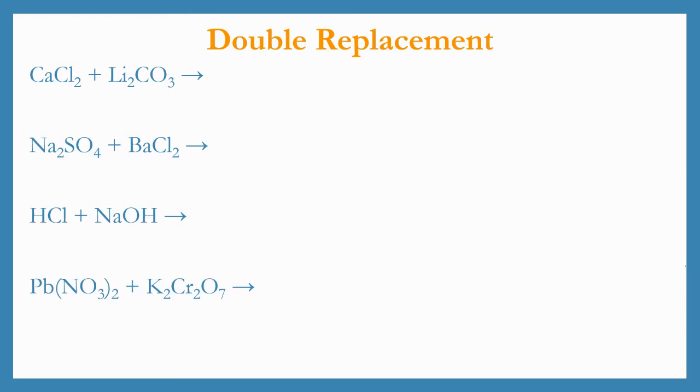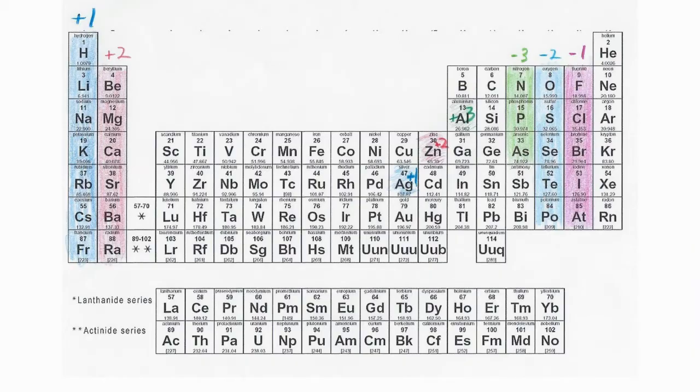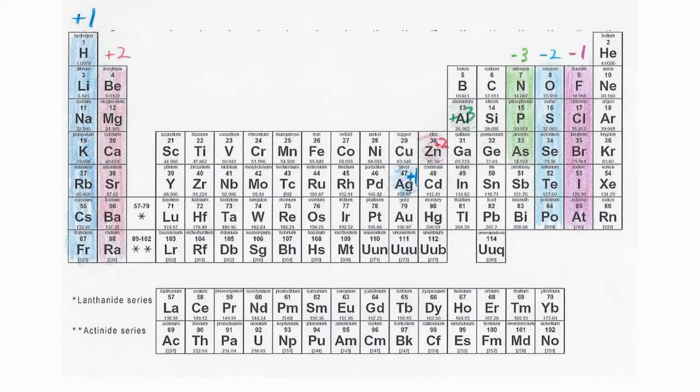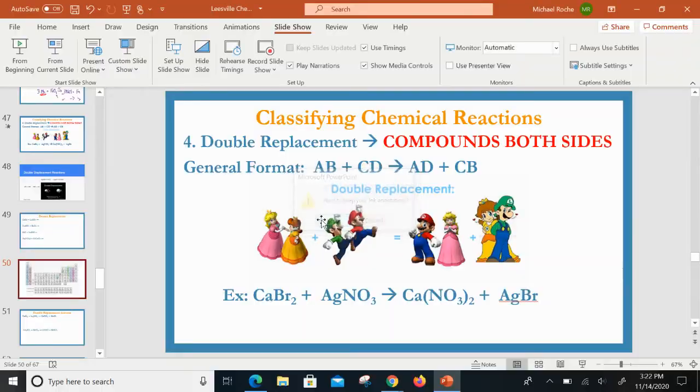All right. So when we're doing these, we're going to need to again keep these charges in mind. Calcium is +2, lithium is +1. Why do we know that? Because it's right here. And then we're going to need our polyatomics as well.